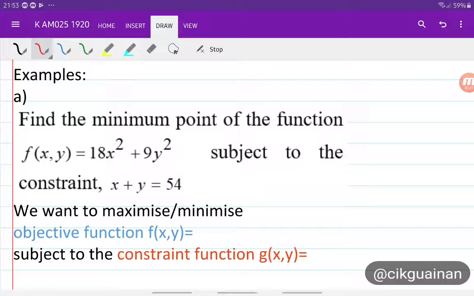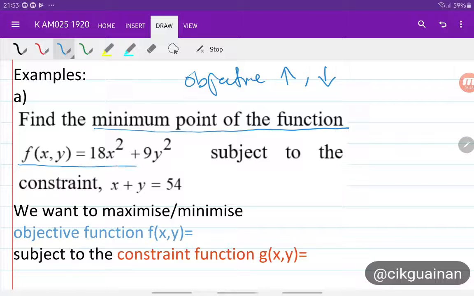Objective function is the one that we want to maximize or minimize. As you can see from the sentence, minimum point of the function f(x,y).